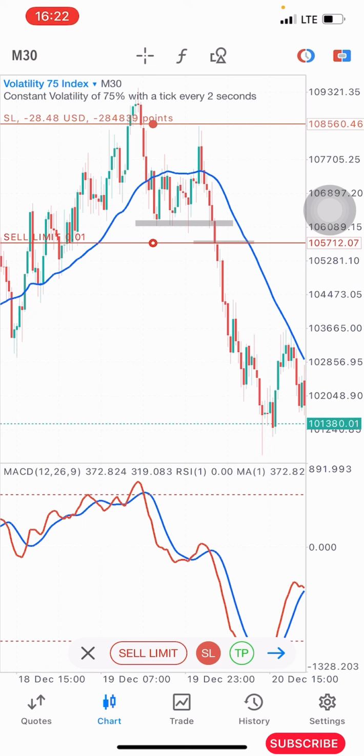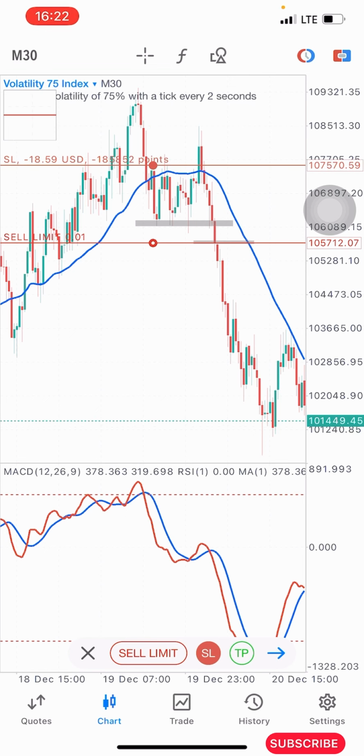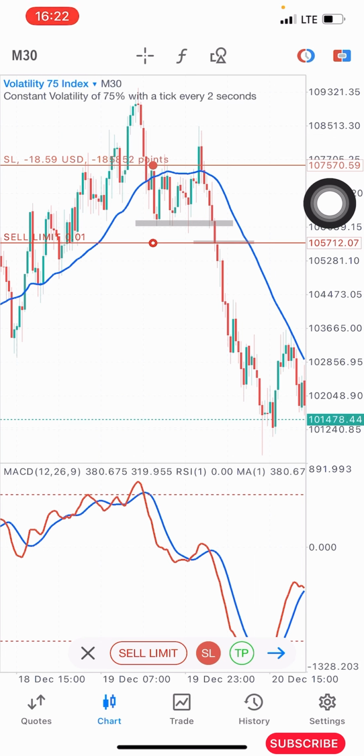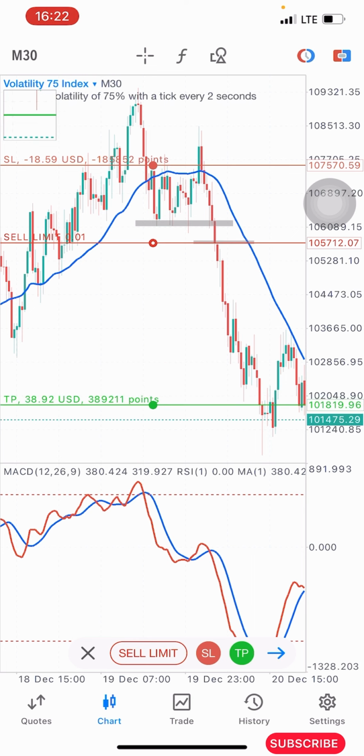If you're having a $10 account, then you need to use the lowest lot size whenever you are doing something like this. Okay, or you can just place your stop loss below this blue line. All right, so whichever one suits your risk management, you can just go with it, and then you can use a 2-to-1 risk to reward ratio, or whichever one you feel like. Okay, you can use 2x of your risk, or you can do 3x.